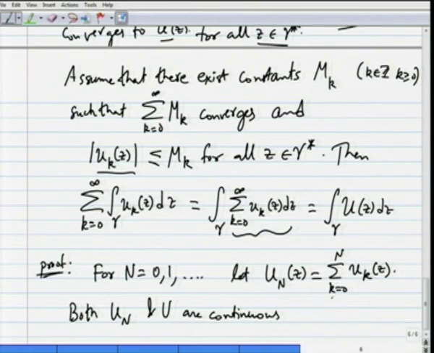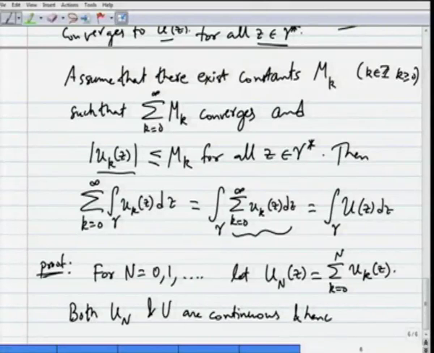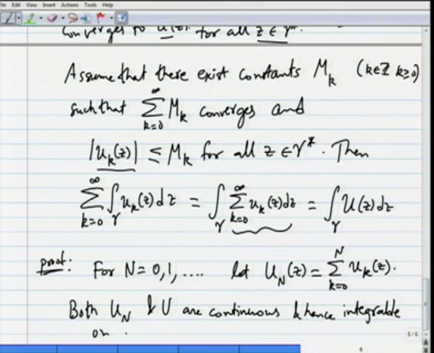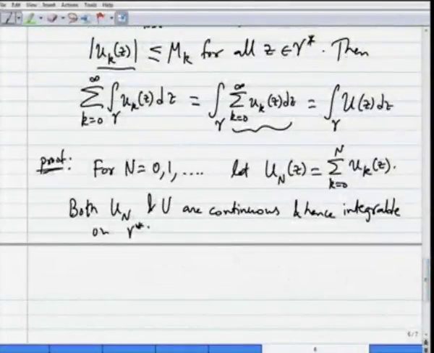Of course, capital U n is continuous because it is a finite sum of continuous functions, and capital U is continuous by hypothesis. So, they are continuous and hence integrable on the set gamma star in the complex plane.